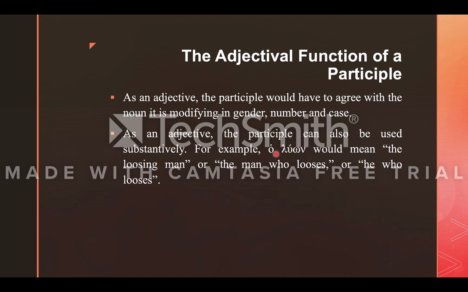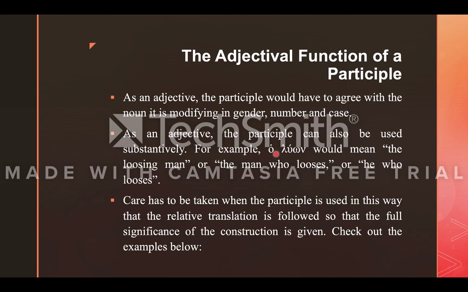In every way you have to interpret it, it has to be masculine in its outputs. Care has to be taken when a participle is used in this way, because you have to do a relative translation so that the full significance of the construction will be given.